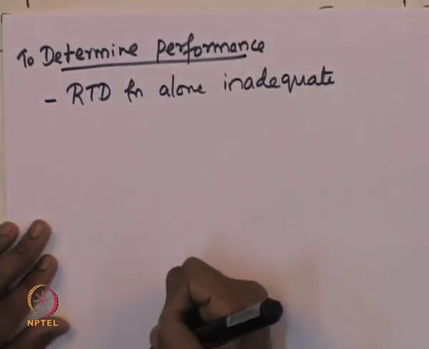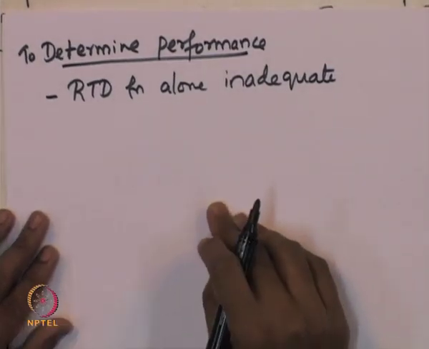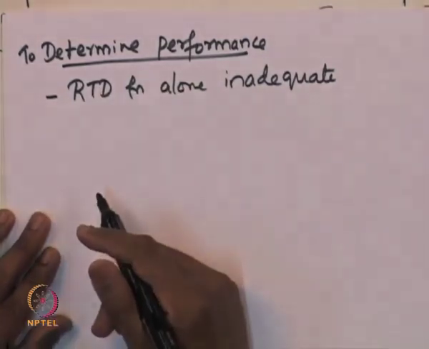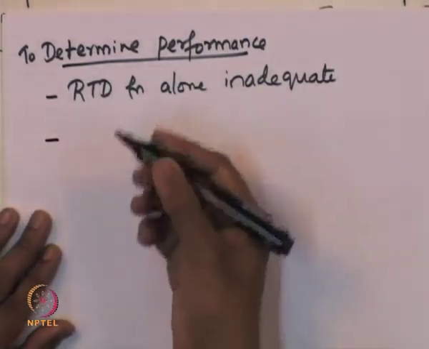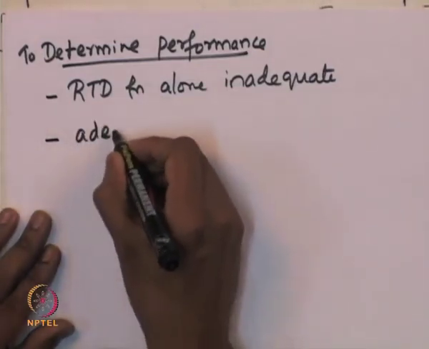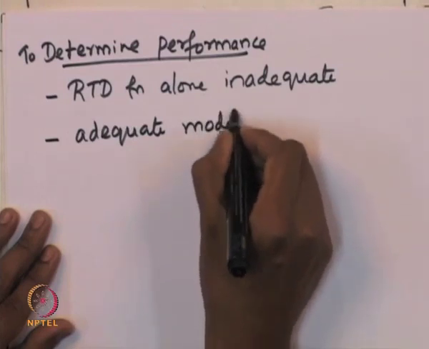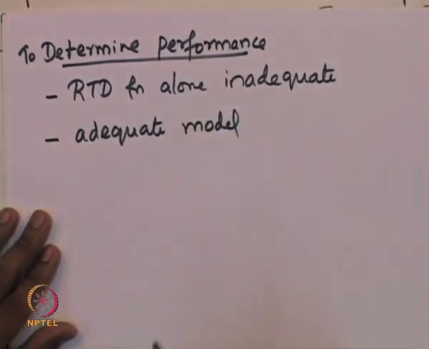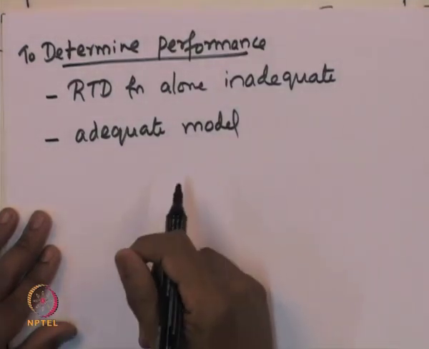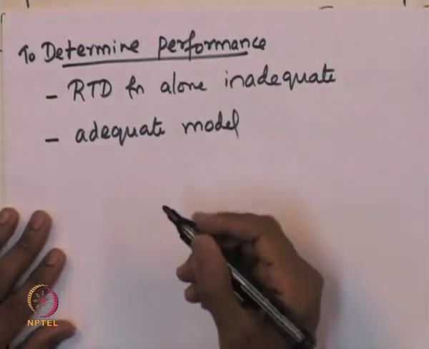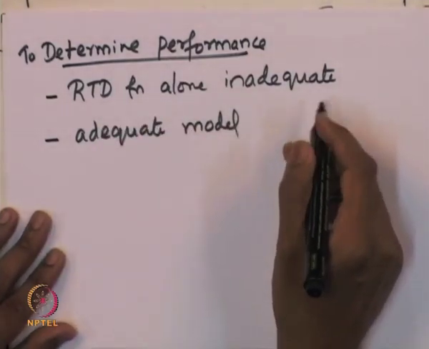RTD alone is inadequate. One needs additional information to find out the performance of a real world reactor. So, in addition to RTD, an adequate model of the non-ideal reactor is required. One needs to know the correct model of the non-ideal reactor, without which the performance cannot be estimated.